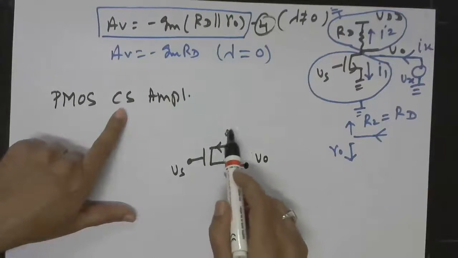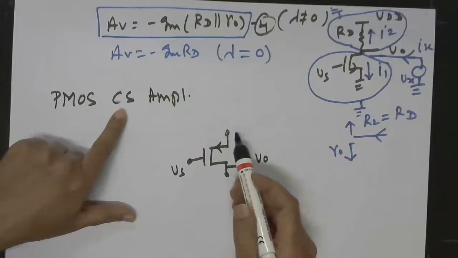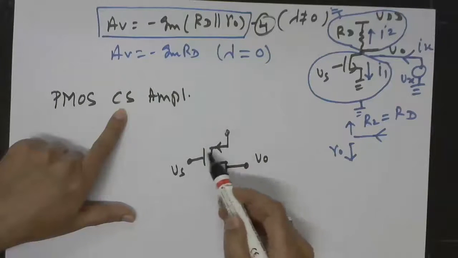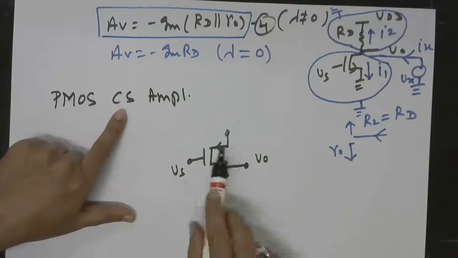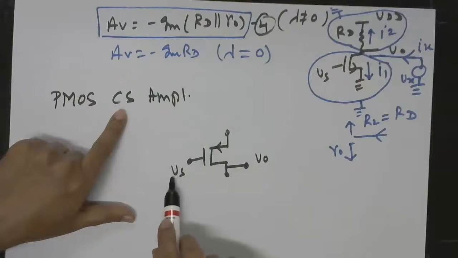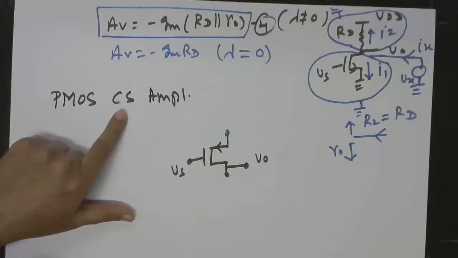That means the source remains sort of unused, or it is there in both the input and output loop, and only gate and drain are being used. So once we have connected our input and output to the MOS, we now have to decide the biasing or the connection of the load.